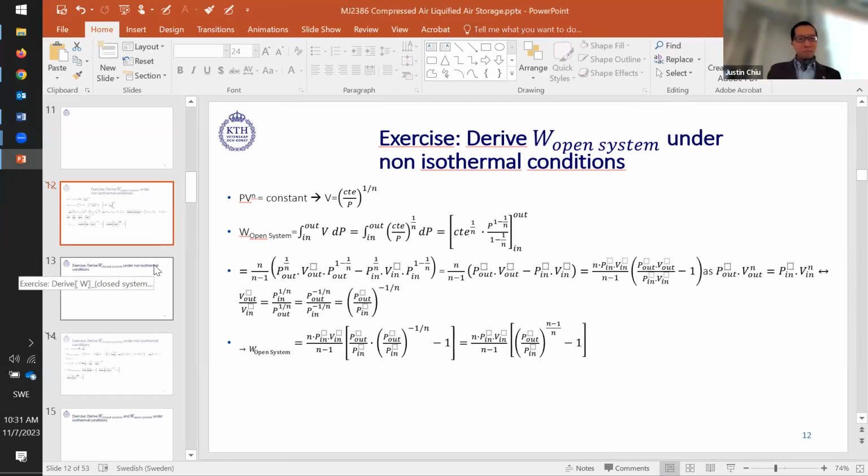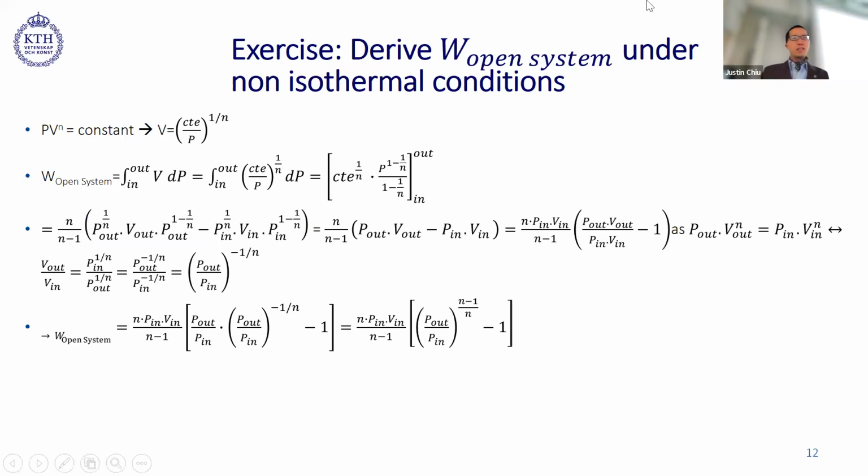Okay, here we go. So this is actually the way to derive the work that we saw earlier for an open system. I will make this available so that you will see it also on Canvas as the course material.